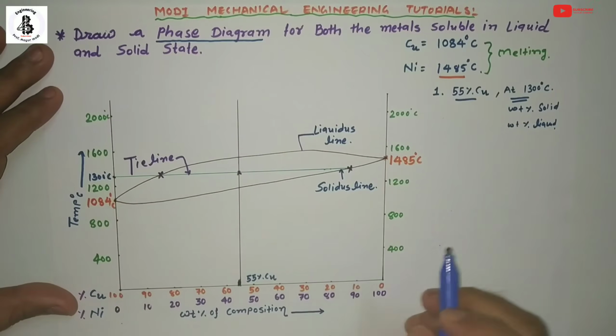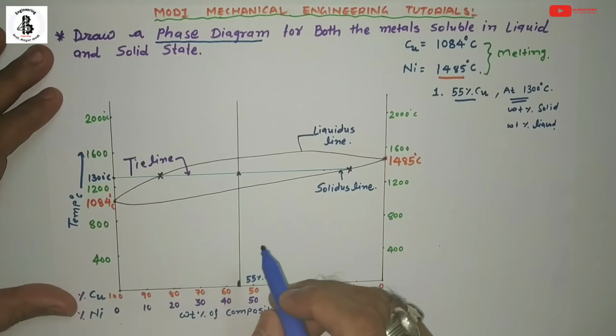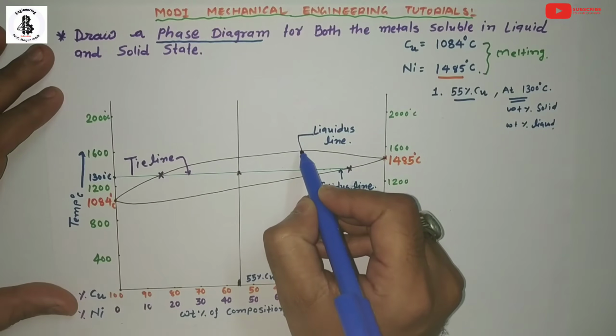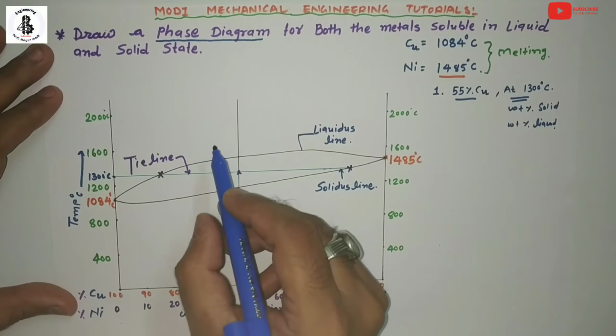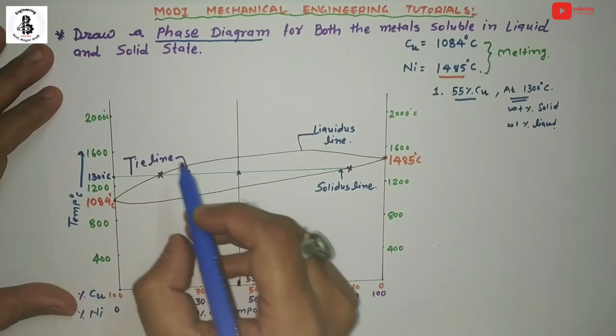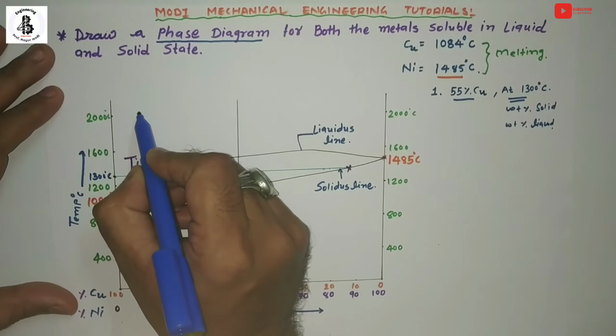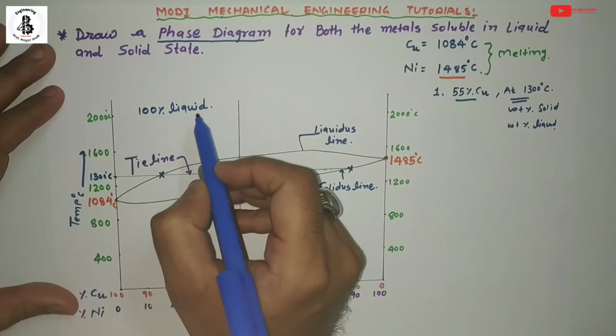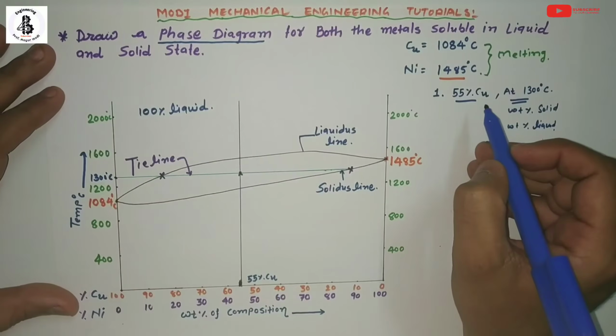After the tie line, which kind of phases will exist in the phase diagram? So this is our liquidus line. Above all the portion of the liquidus line, that will be known as 100% liquid of copper and nickel.